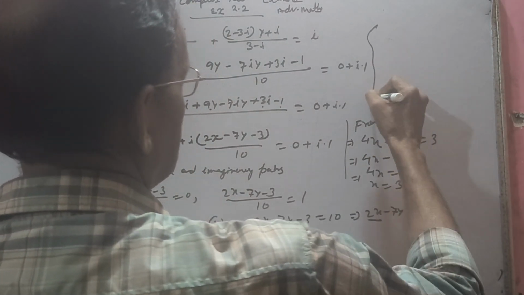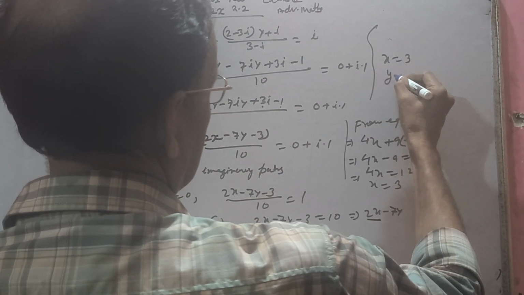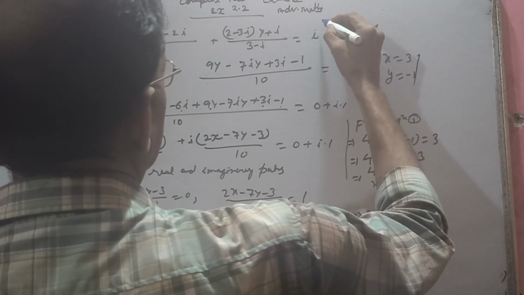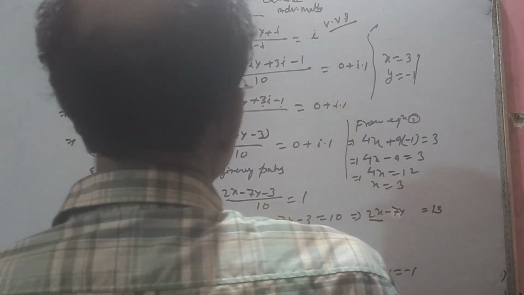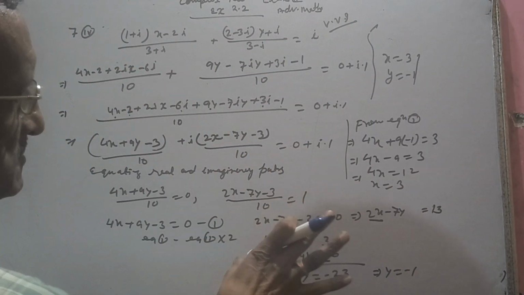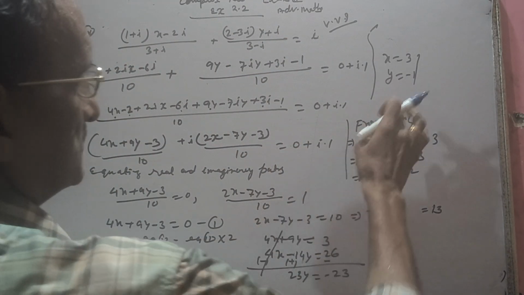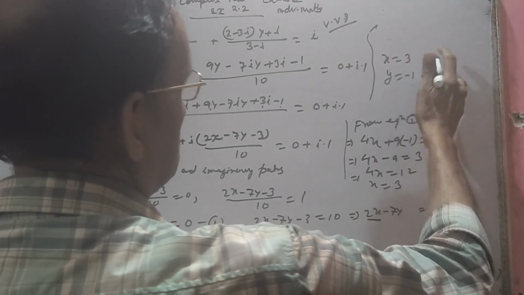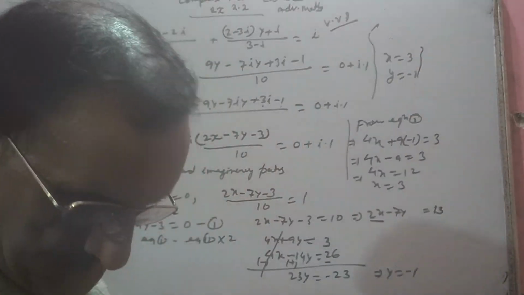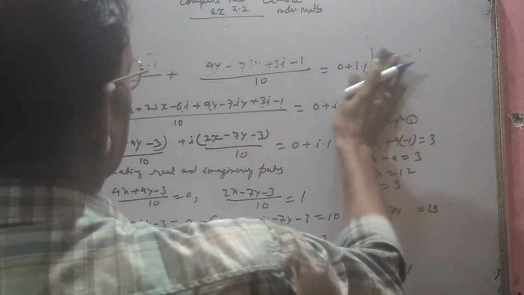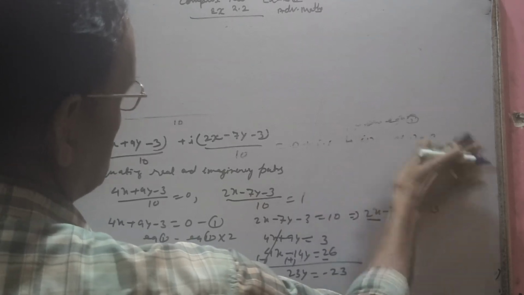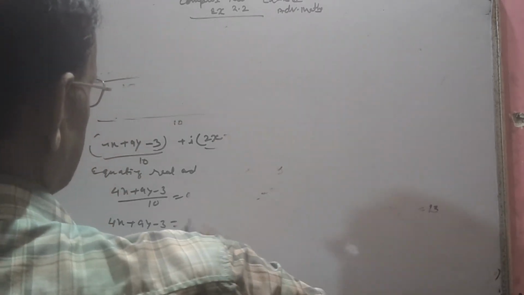So the final answer is x equal to 3 and y equal to minus 1. This sum is important for the board exam, and the process is the same, but simplification you need to do carefully. Okay, you will need to practice this sum. Not difficult. An advanced student can easily simplify, but since there are chances of making mistakes, do it carefully.